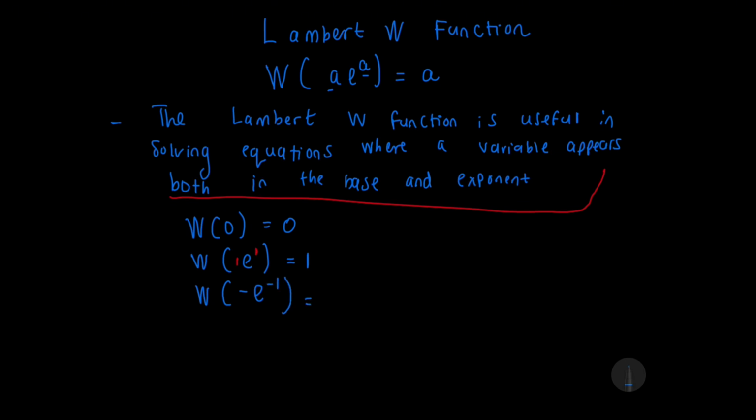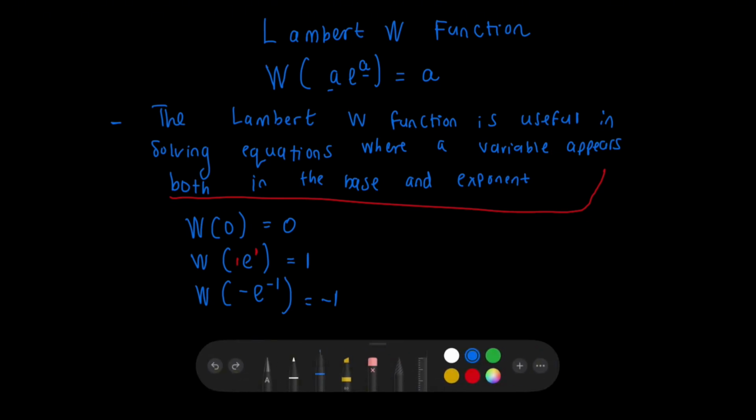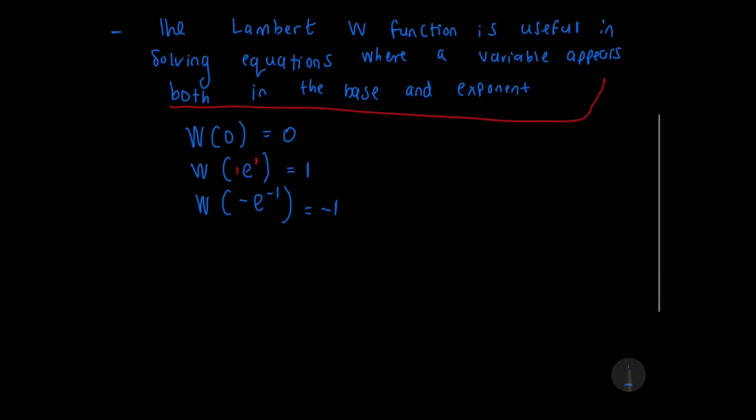This will be minus 1 because we have minus 1 here and minus 1 here. Let's do another example. What if we have the Lambert function of 2e^2? This will give us 2 because we have 2 and 2 here.